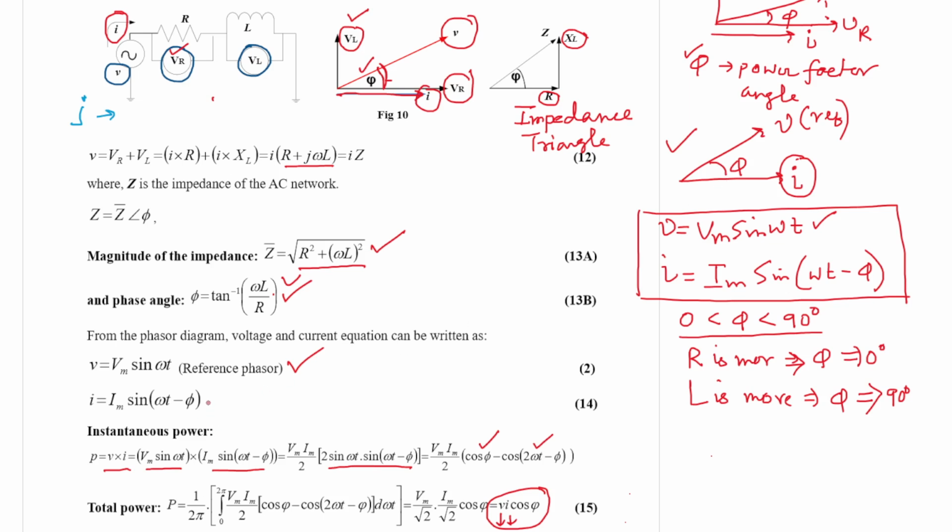So I must be written as omega t minus phi. From the concept of leading and lagging phasors, phi is the angle by which the current lags the voltage.